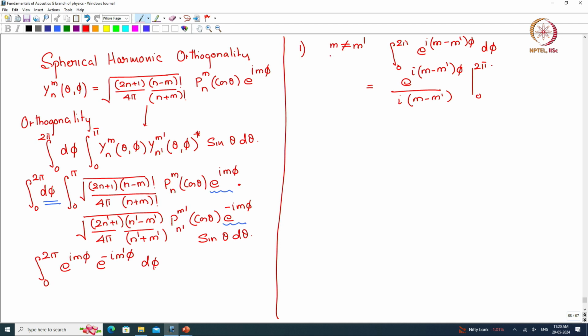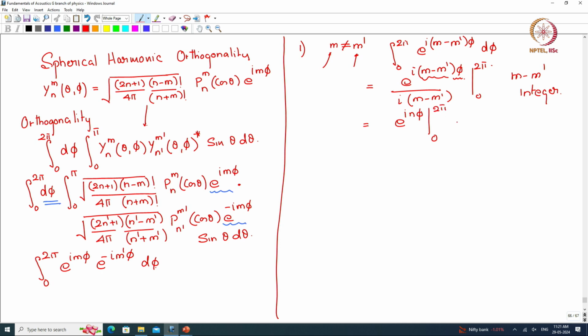Now m is an integer, m' is an integer, they are not equal, so m minus m' is a nonzero integer. Therefore if I take phi to be 2 pi and phi to be 0, then both values are the same. It is like e to the power of i n phi, where n is an integer, with limits 0 and 2 pi.